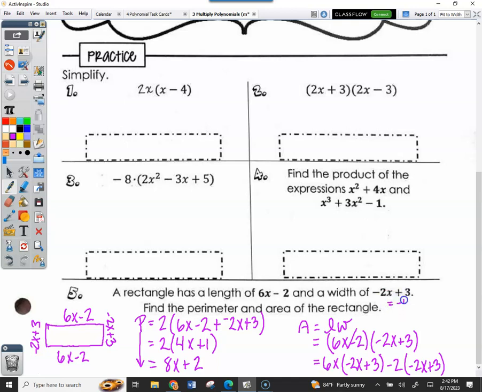We would have negative 12x squared plus 18x plus 4x minus 6, right? Did you get that? So negative 12x squared plus 22x minus 6.